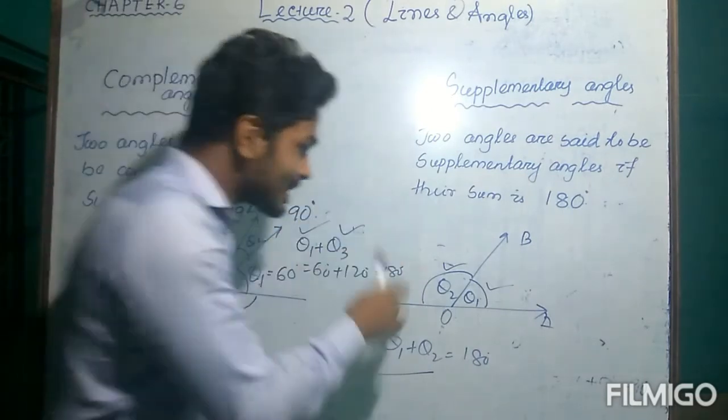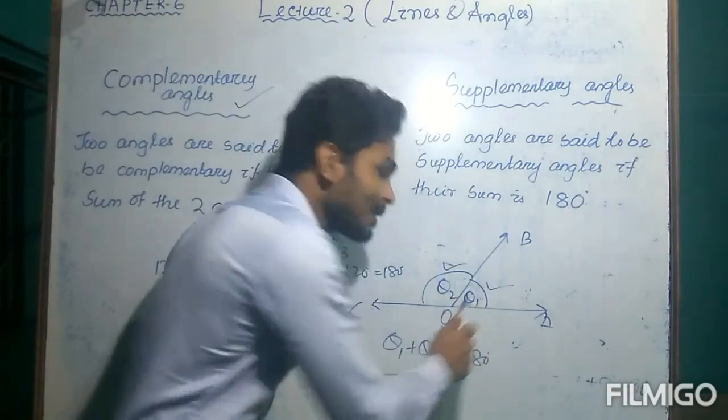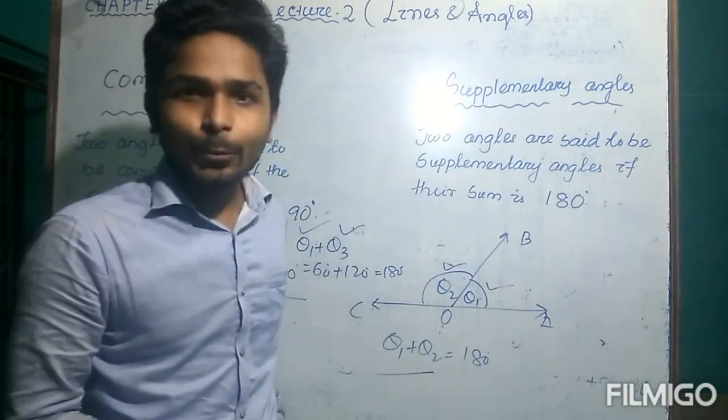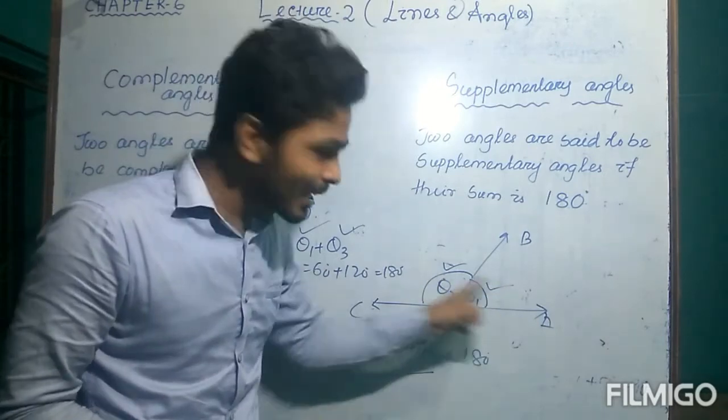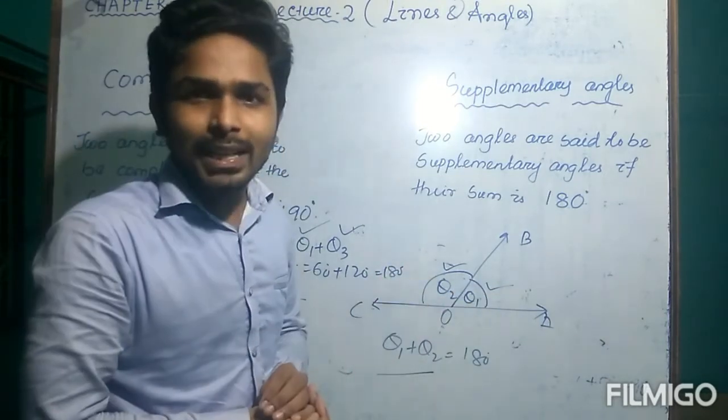So you can say yes, the two linear pair angles are always supplementary. Why they are supplementary? Because sum of the two angles formed in a linear pair is always equal to 180 degree.